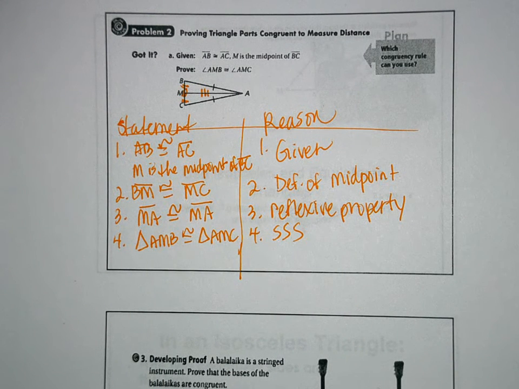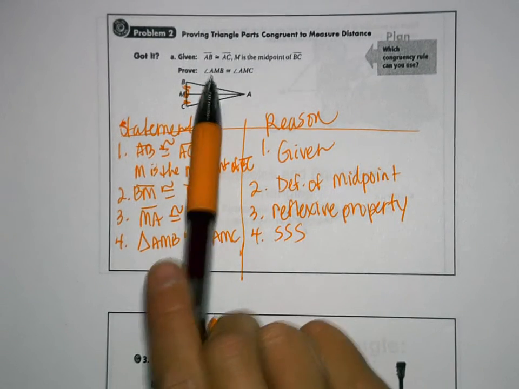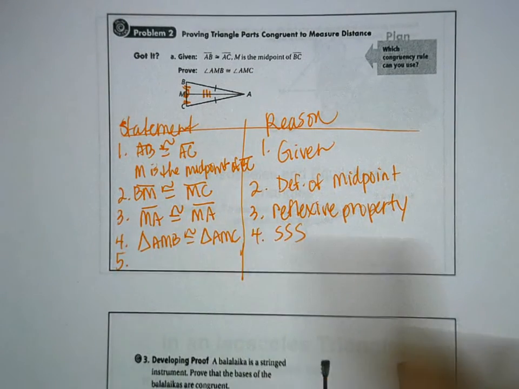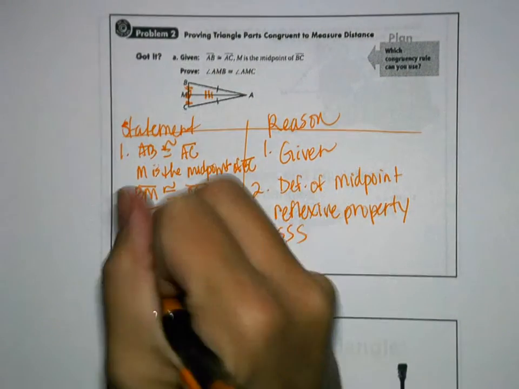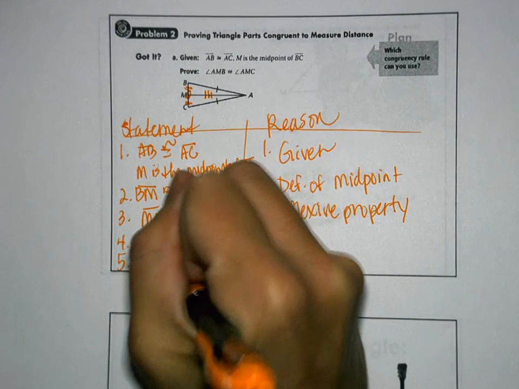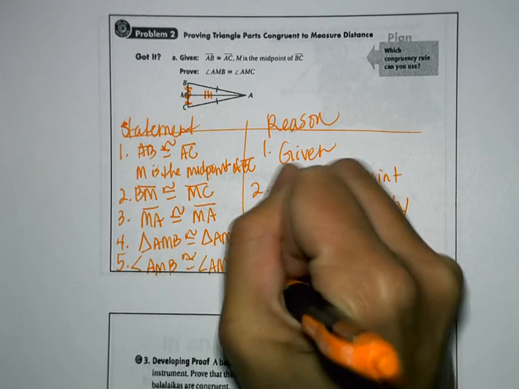Okay. But was that what I was proving? Was I proving triangle congruence? No. I needed to prove angles. So number 5, after I state triangle congruence, then I can say anything I want to about the triangles. So angle AMB is congruent to angle AMC by, what was it?